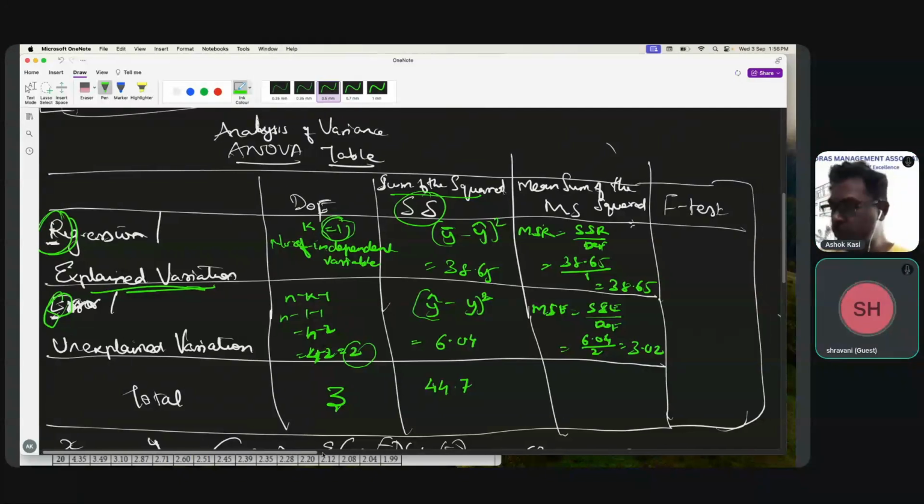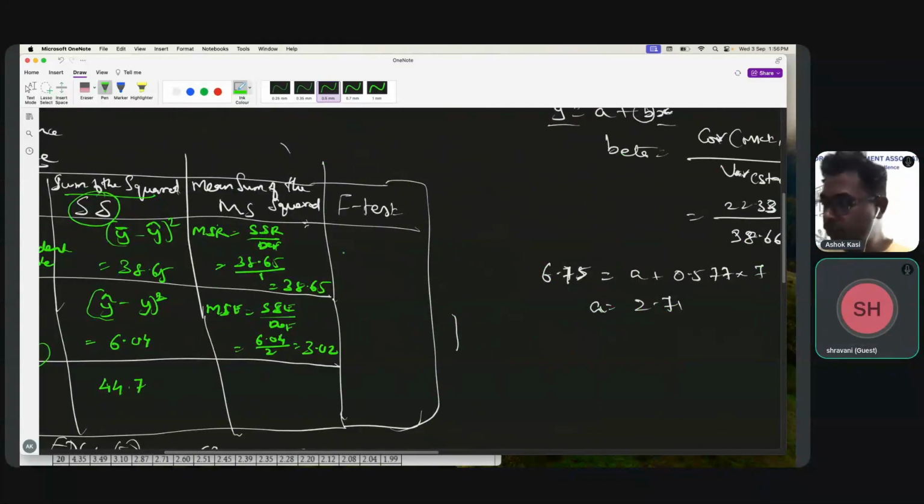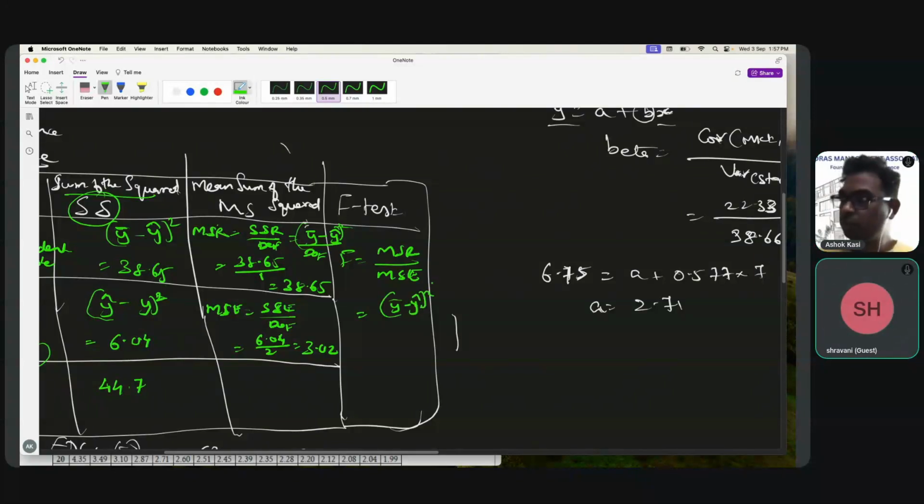Now F test formula is MSR by MSE. Okay, that is equal to MSR, which I can further elaborate as y bar minus y hat the whole square divided by degree of freedom.